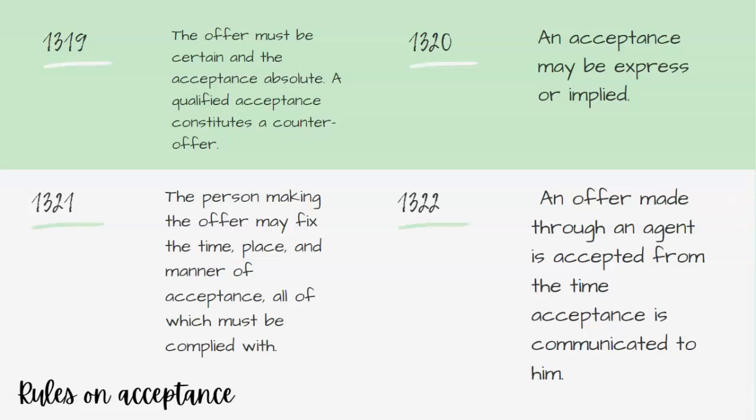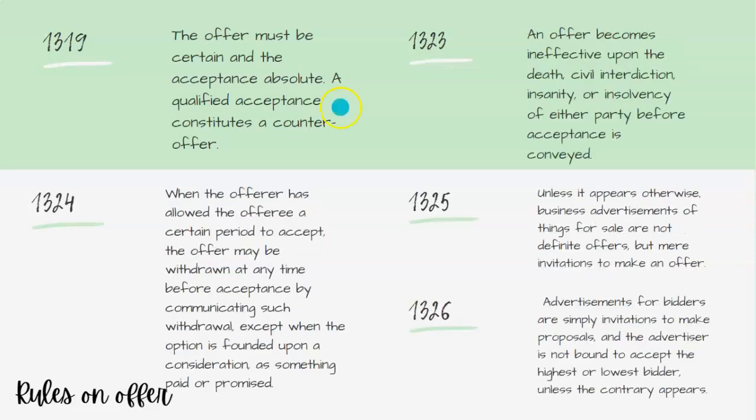Okay. By the way, balikan muna natin ito. An offer becomes ineffective upon, parang hindi natin ito na-discuss, upon the death, civil interdiction, insanity, or insolvency. The contract is perfected only from the time an acceptance of an offer is made known to the offerer.